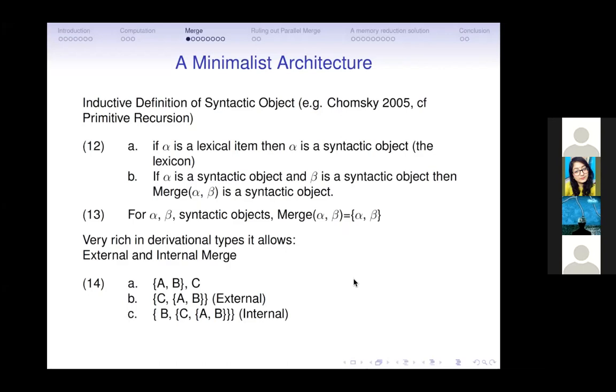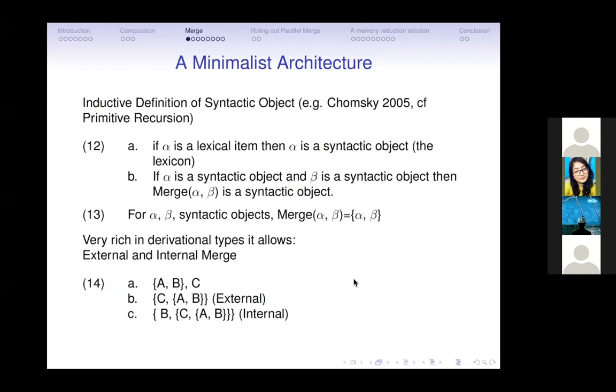So the way that Chomsky talks about this is in a bit of a mathematical way again. He defines the notion of a syntactic object. That's not object in terms of subject and object, that's just thing, right? So a syntactic thing, you say, if something, alpha, is a lexical item, it's a word, then that alpha is a syntactic object.